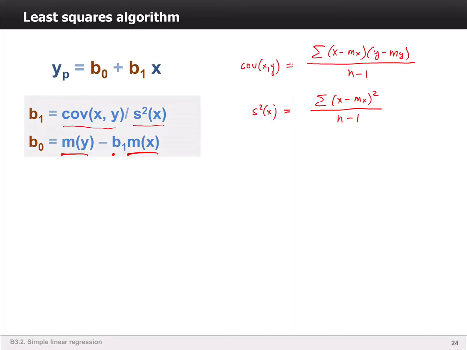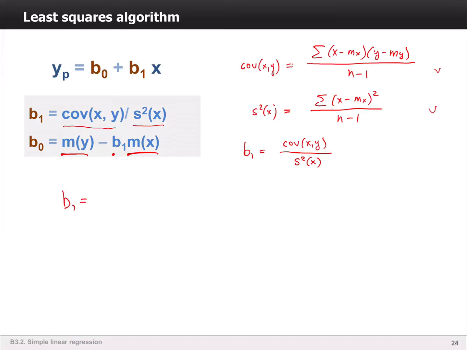Now look, what if we take the ratio? So you remember that B1 is the ratio between the covariance of x and y and the variance of x. Now you see we have n minus 1 in each, right? So if we take a ratio, n minus 1 will be gone. So we can rewrite this simply.